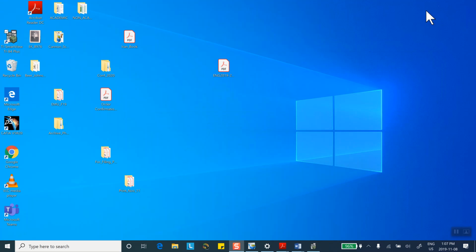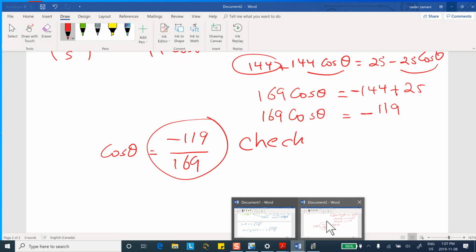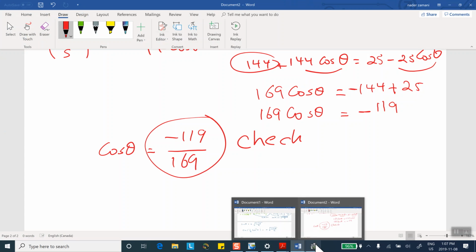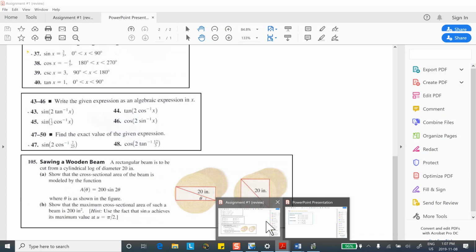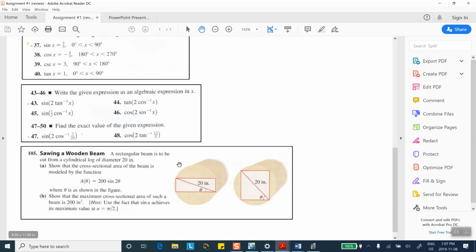All right, the last problem is this word problem. It's very straightforward, actually. We did everything; we're down to this word problem. It says that there's a log here.